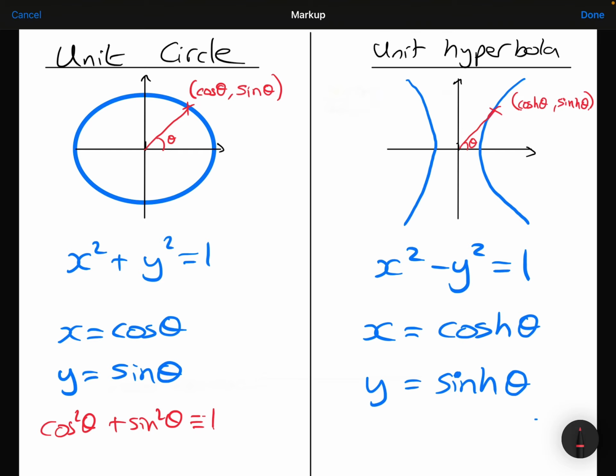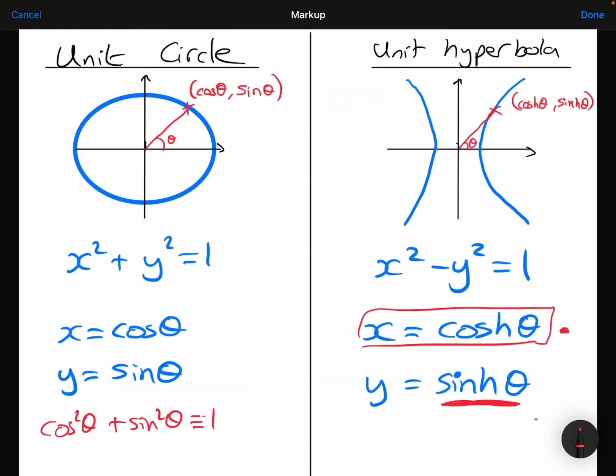Now we don't actually pronounce them like that. We actually pronounce these in a kind of funny way. The first one is just pronounced as cosh, which kind of makes sense. It looks like cosh. So cosh is the x-coordinate of the unit hyperbola. This, we say sinh.